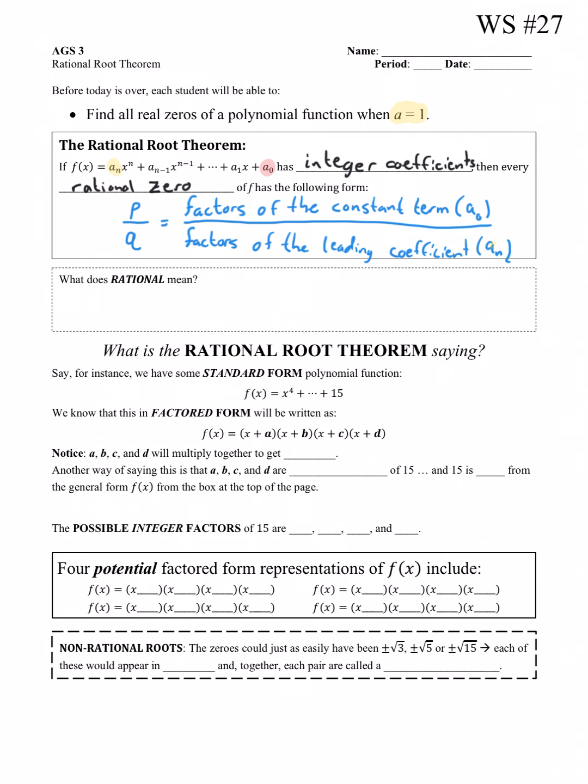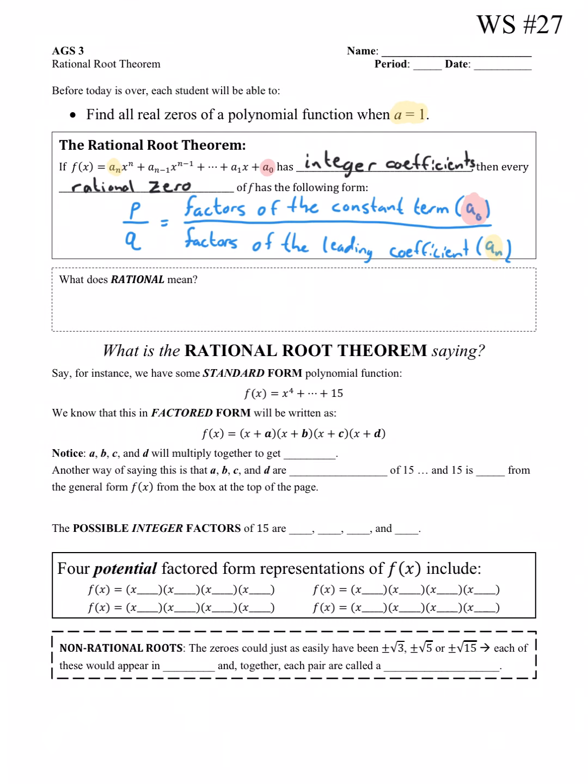So again, we'll highlight A sub n there, and we'll highlight A sub 0 there. So what this basically means is we can identify possible rational zeros by looking at the very first coefficient and the very last coefficient and then dividing the two. That's what this means.